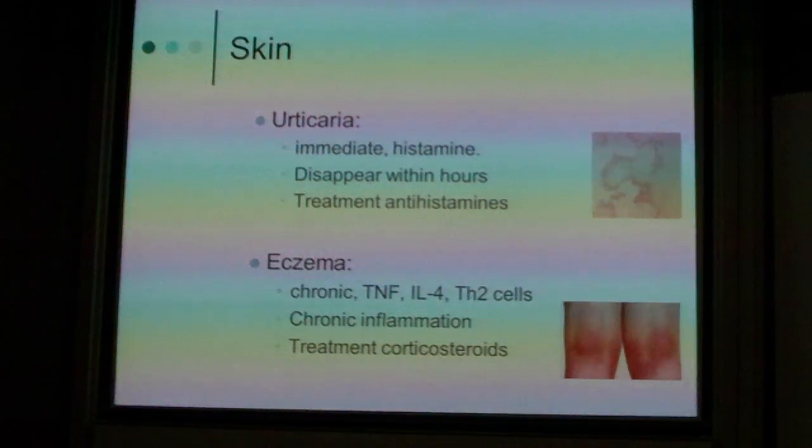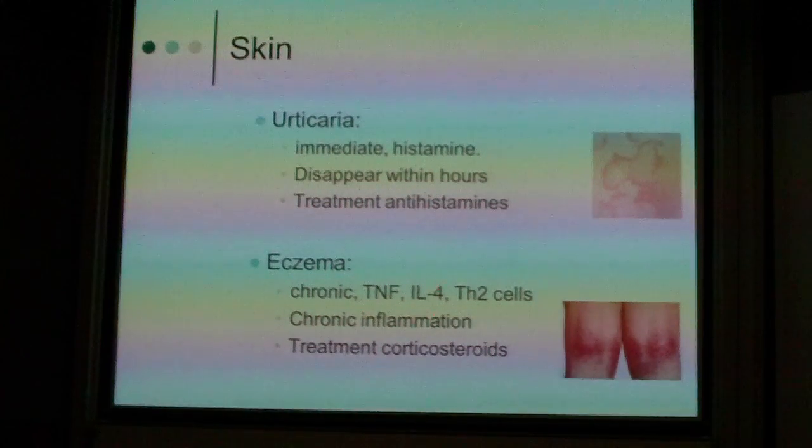You may have eczema, which is different from urticaria because you have more lesions with epithelial damage. Eczema, you know, is not very nice to have because it itches and gives a lot of problems. So that's a chronic reactivity.